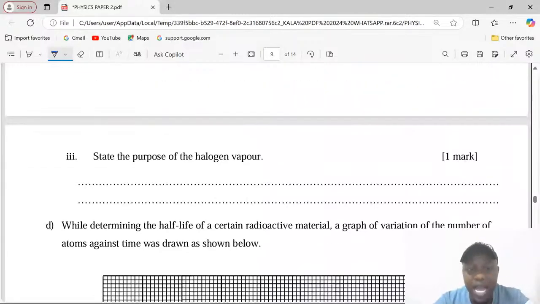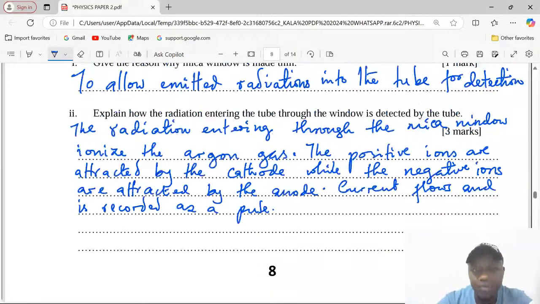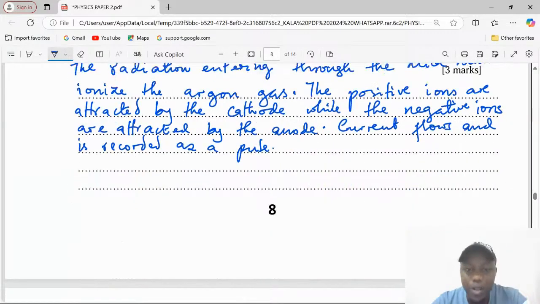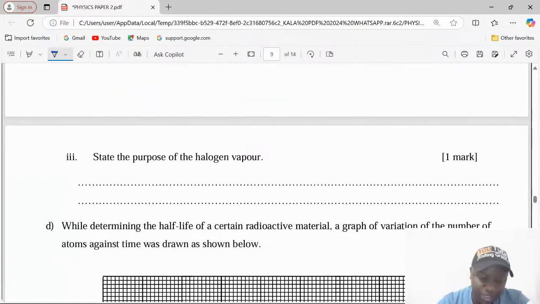State the purpose of the halogen vapor. Halogen vapor acts as a quenching agent, and I'll be explaining what a quenching agent is.